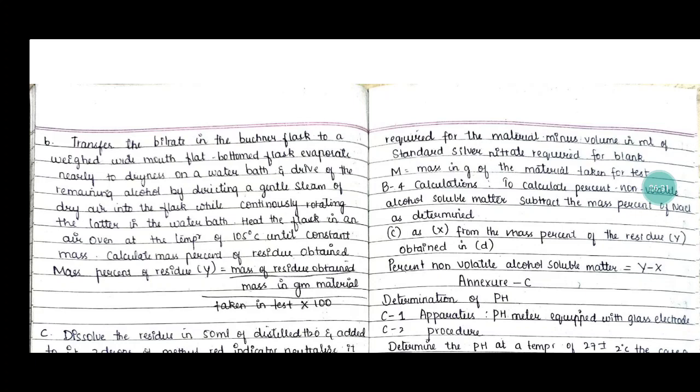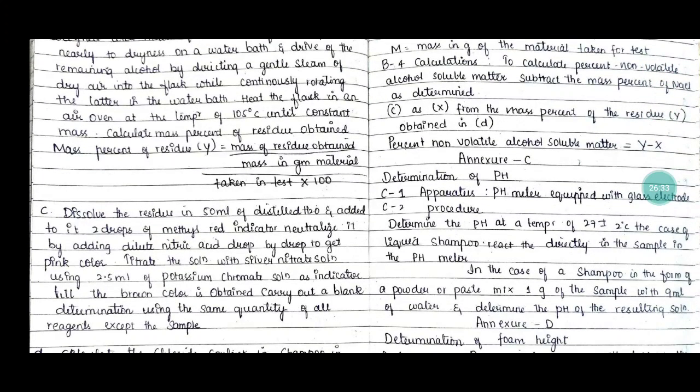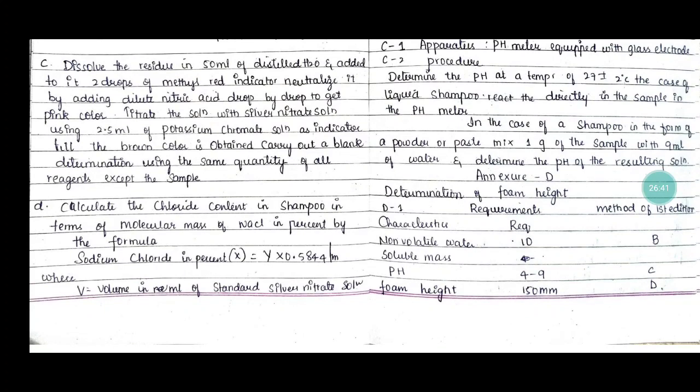Next, number C, determination of pH, that is C1 apparatus, C2 procedure, and number D, that is determination of foam height.